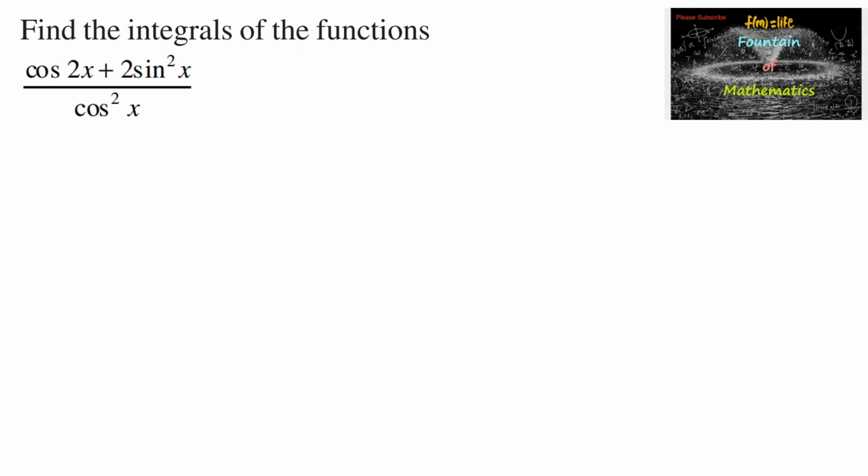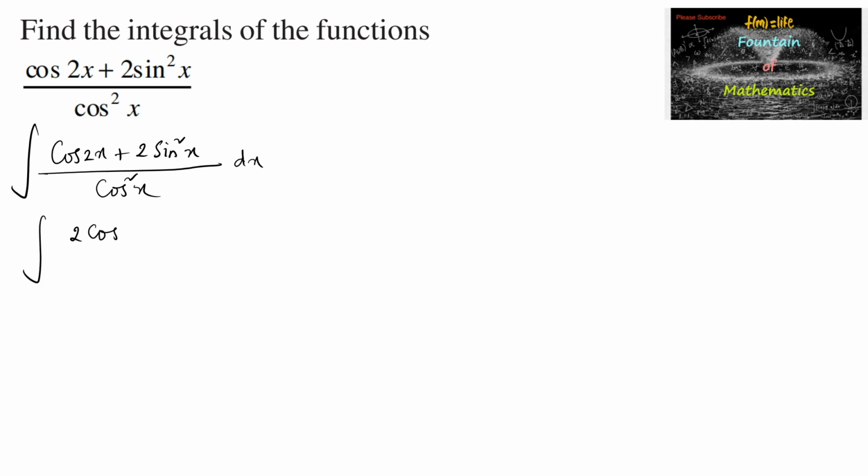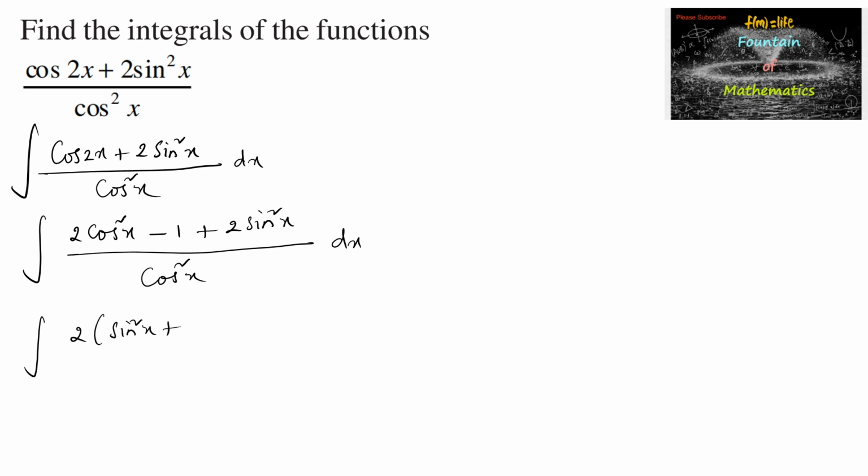Find the integral of the function cos 2x plus 2 sin^2 x upon cos^2 x dx. So we can write cos 2x as 2 cos^2 x minus 1 plus 2 sin^2 x divided by cos^2 x dx, or we can write 2 times sin^2 x plus cos^2 x minus 1 upon cos^2 x dx.